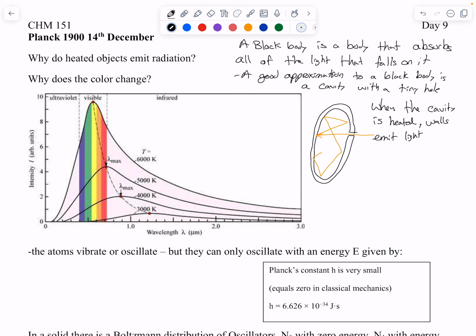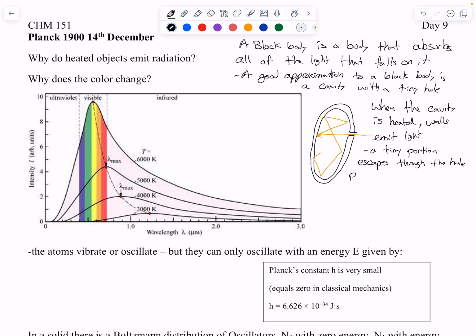All right, this is because they're made of atoms, right? The atoms vibrate or oscillate, and then they emit light, all right? And then a tiny portion escapes through the hole, right?